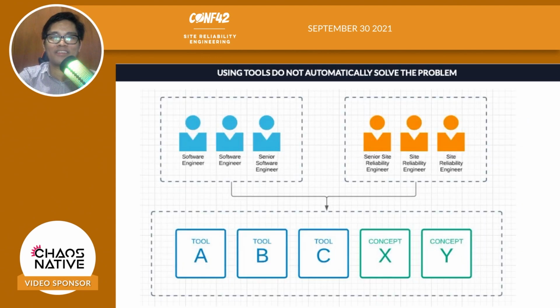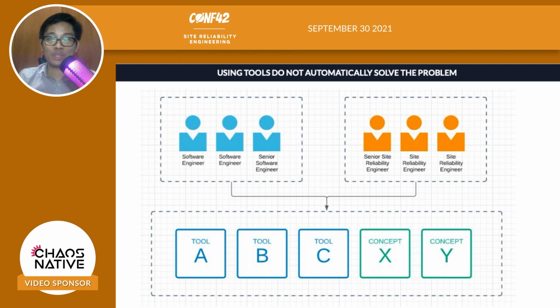However, in the next tip, using tools does not automatically solve the problem. The tools are enablers. What do I mean by that? At the end of the day, the tools will be used by people. So, combining the concepts we learned from the previous slides, let's say that the software engineering team and the site reliability engineering team are going to use these tools.